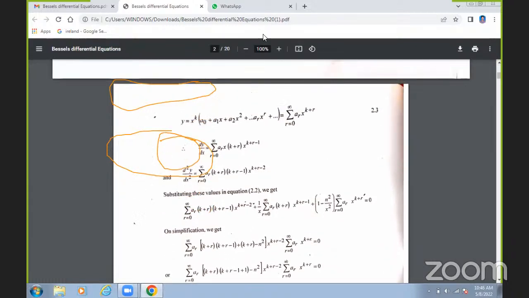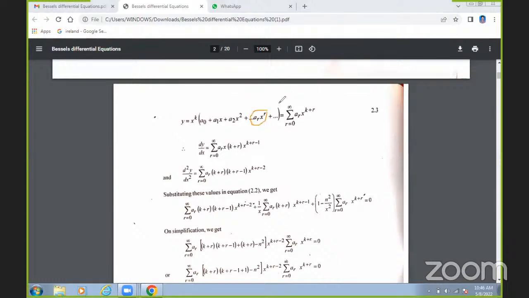Now, if you write the solution for this equation, y is equal to x power k into (a0 plus a1 x plus a2 x square, and so on), up to ar x to the power of r.